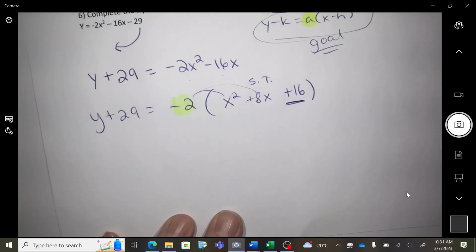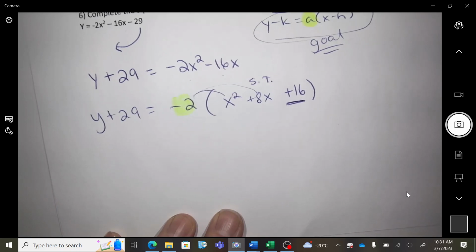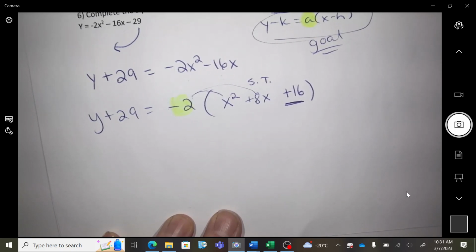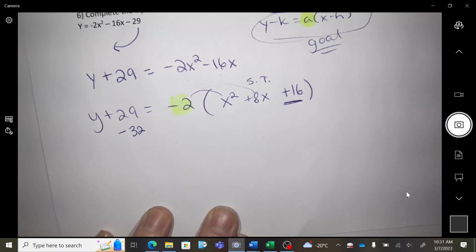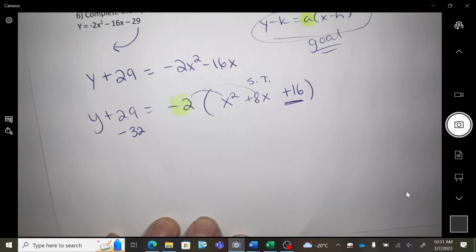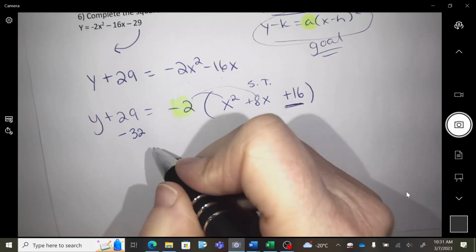Okay, so you created that. So think about when you're sitting on a teeter-totter and somebody comes along and sits. Now what do you got to do? You got to make the same thing happen on the other side. Do not add 16. That's not your bouncing number. What really bounces it? Minus 32, yeah. -32.